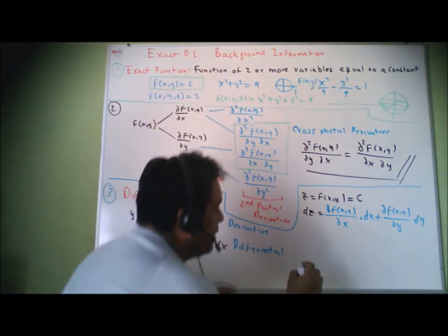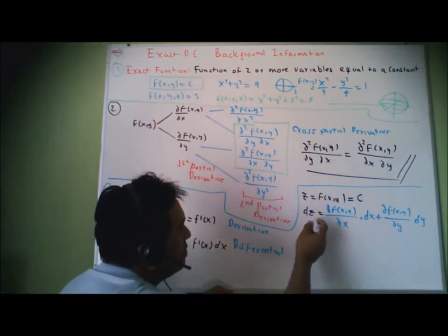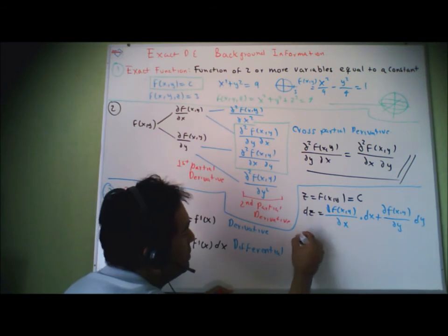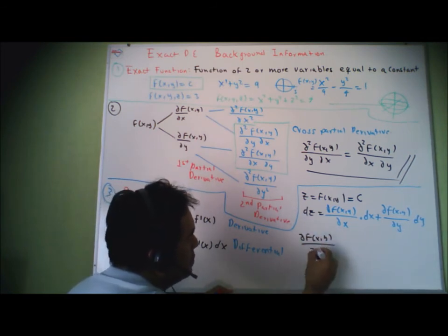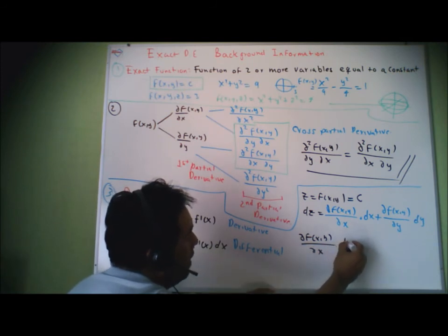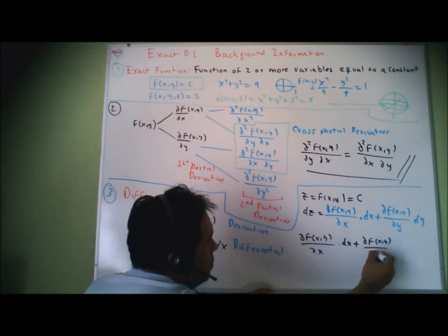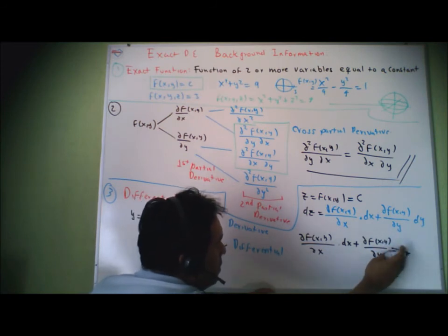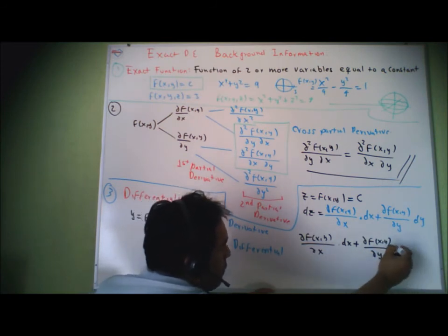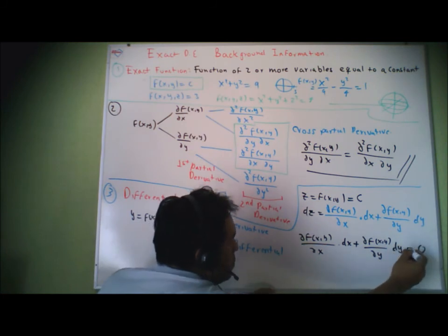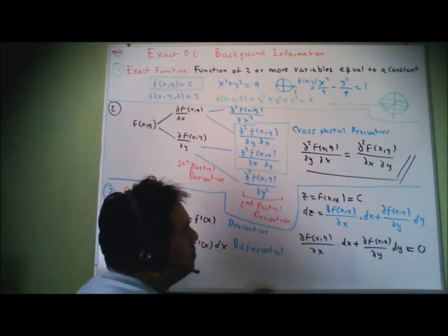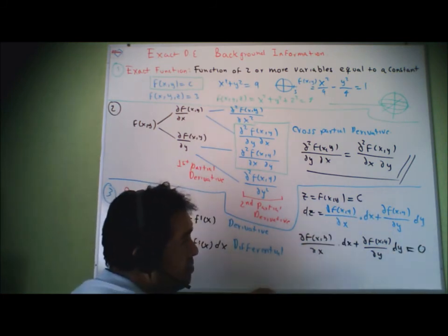The partial of the function with respect to x times differential of x plus the partial of the function with respect to y times differential of y, and this is equal to 0. This is equal to 0 because the differential of a constant is equal to 0. It's just a constant minus the same constant, which is equal to 0. So this is concept number 3.